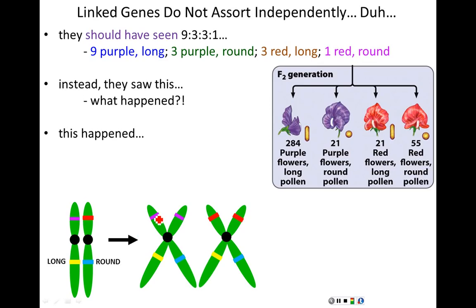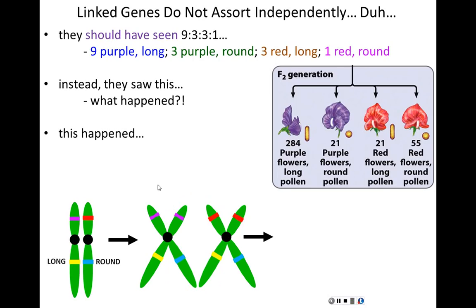We have now, on a non-recombinant chromatid that did not engage in crossing over, purple flowers with long. On a non-recombinant chromatid that did not engage in crossing over, we still have red with round. But now we have these recombinant sister chromatids that engage in crossing over, where we have purple flowers linked to round pollen and red flowers linked to long pollen.